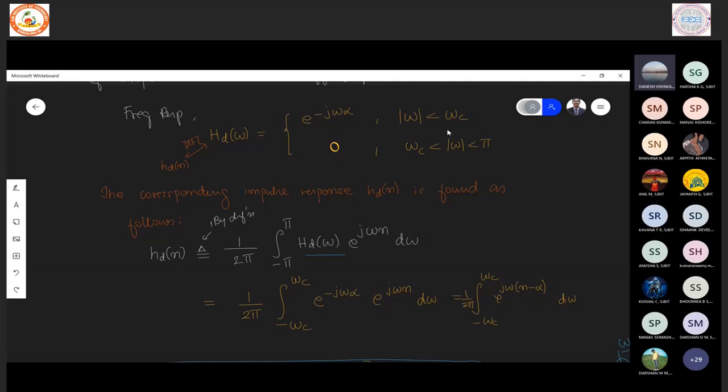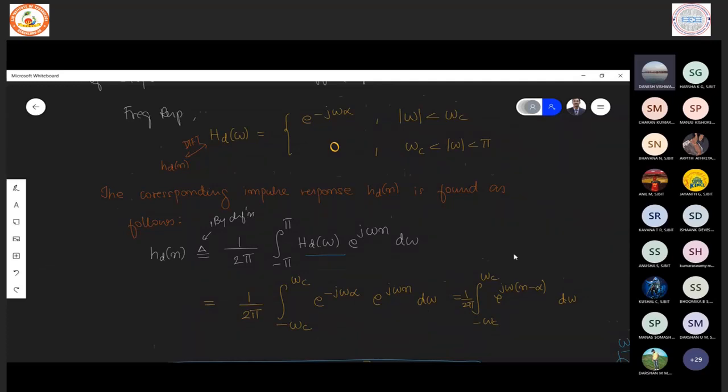Only in that range do we have this value; from omega c to pi, the answer is 0. Therefore, the limit is restricted to between minus omega c to plus omega c.